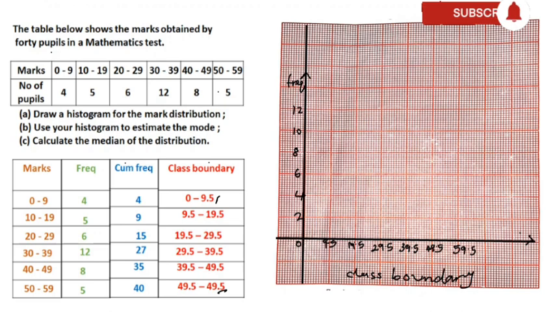So now let's draw the histogram. So we're going to look at this from 0 to 9.5. The frequency is 4. So you are coming to this place. You're going to need a ruler to draw that so that you get an accurate drawing.